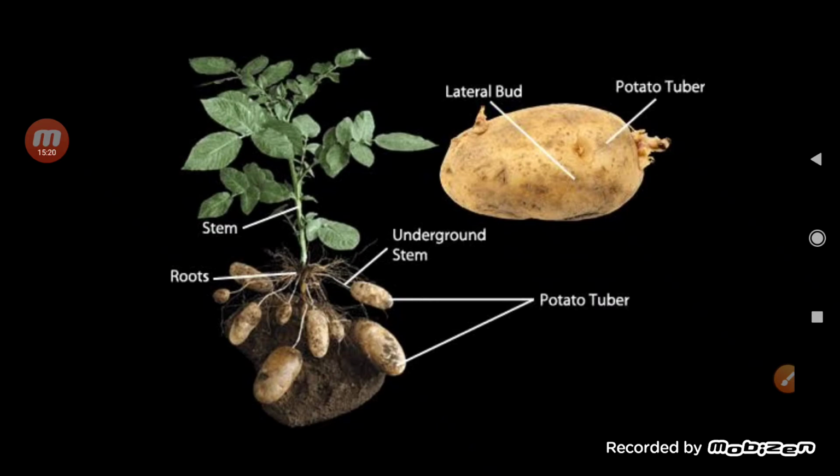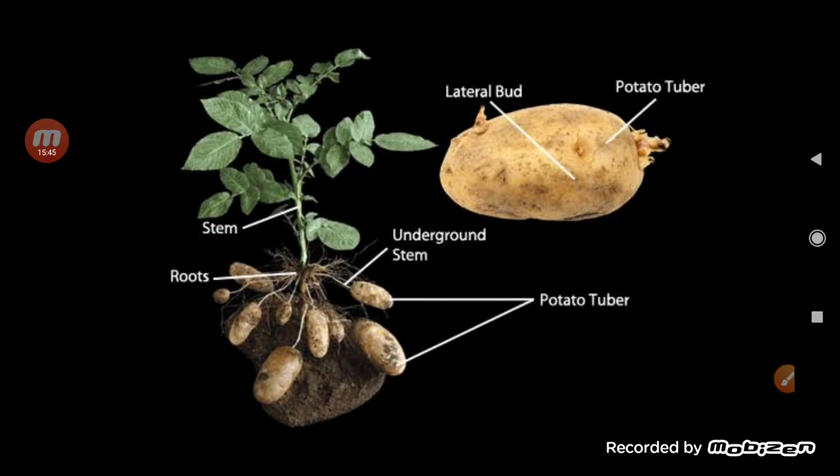So this happens because the buds are responsible for the movement of the root and the shoot. So we can say that the potato has the capability to give rise to the root and shoot, even though it is not a seed, but it can give rise to the root and shoot from its part.